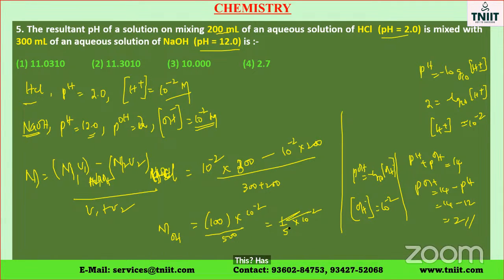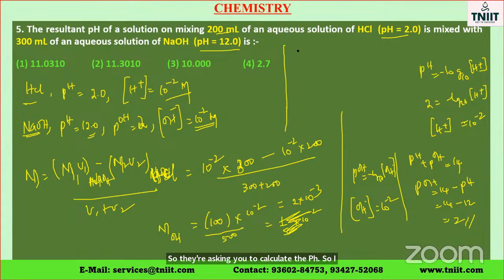Instead of simplifying, we get this as 2 into 10 to the power minus 3. So this 2 into 10 to the power minus 3 is the molarity of the resulting solution. They're asking you to calculate the pH.